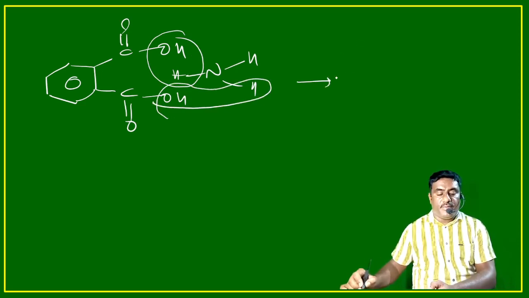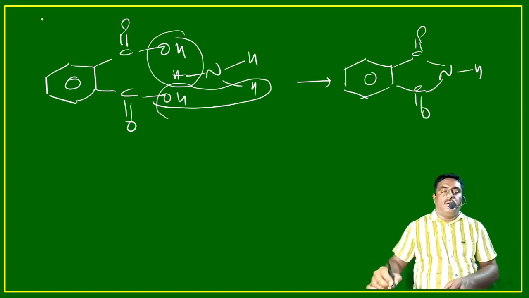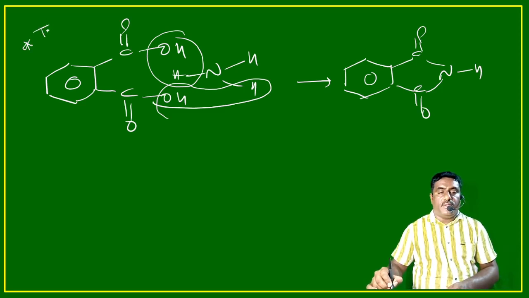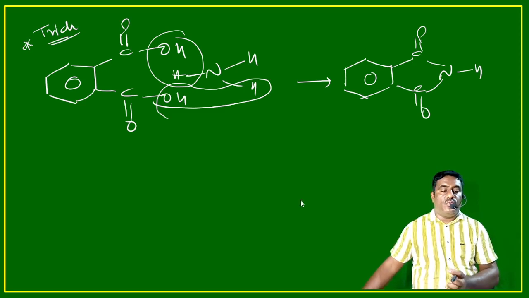It forms what? Phthalimide. Look at the structure, NH. It is a trick to write the product.